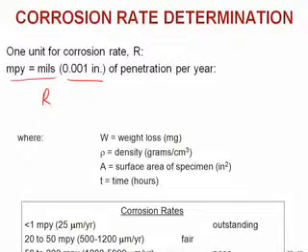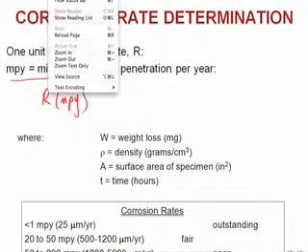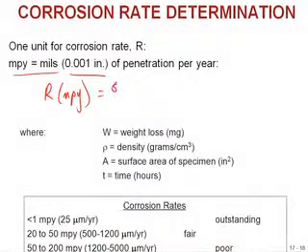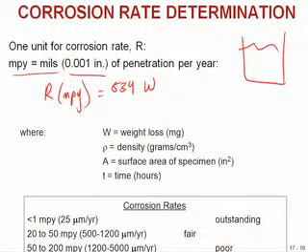There's an equation that's given in the book where the corrosion rate in mils per year is given by 534 times W, where W, let's say you take a sample and you immerse it into an environment.